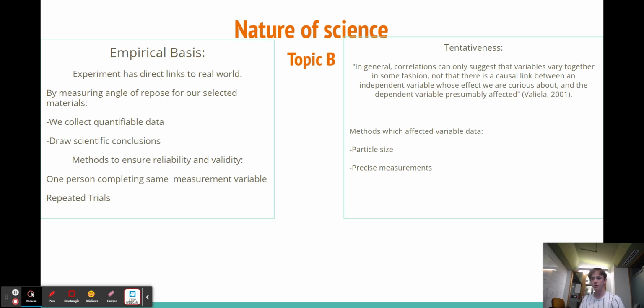Methods to control the variables, such as particle size, were taken into account when analyzing the data. We also achieved objectivity through consistent and precise measurements. Making value judgments that align with the empirical data on the angle of repose is critical to the reflection and comprehensive understanding of the task.